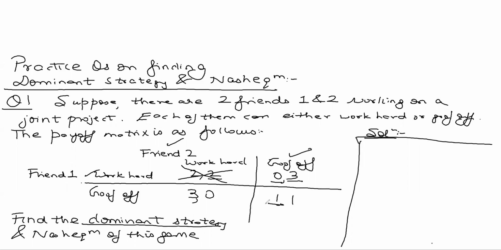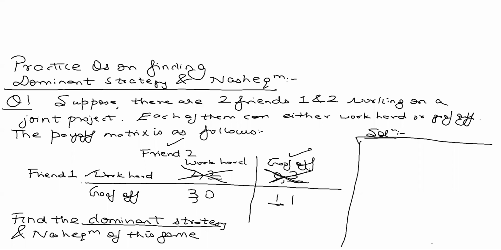Friend 1 will goof off. That means this is also not a Nash equilibrium, because in this case friend 1 will have an incentive to deviate. When friend 2 goofs off, friend 1 will want to goof off because this 1 is more than 0. That means this is also not the Nash equilibrium.